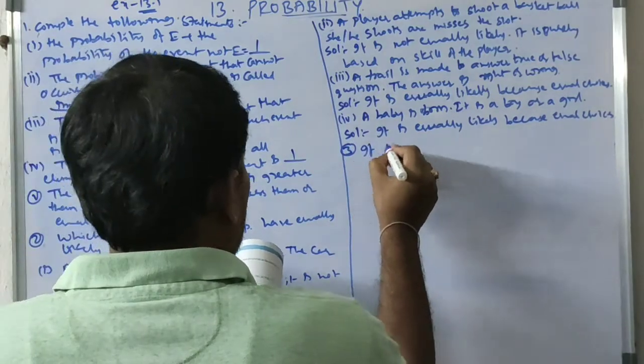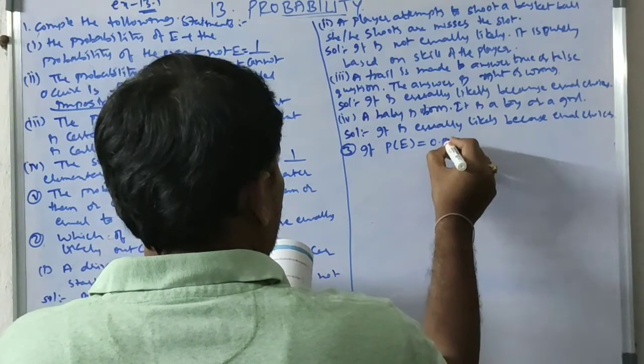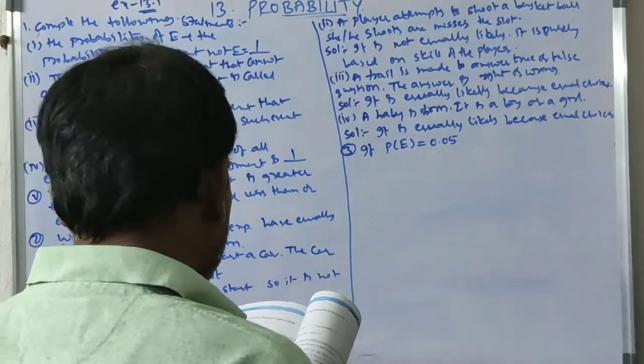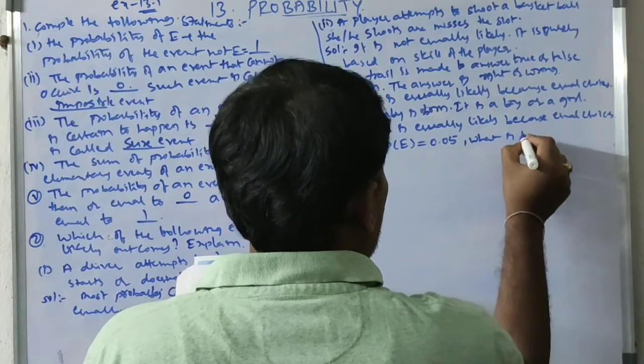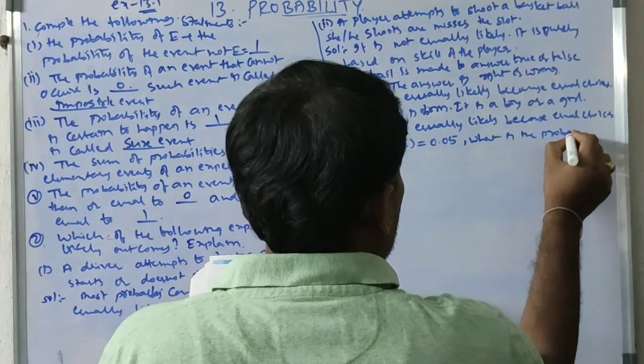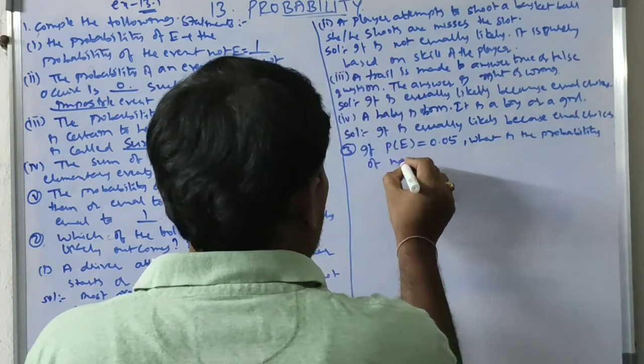Next, third question. If P of E equals 0.05, what is the probability of not E?